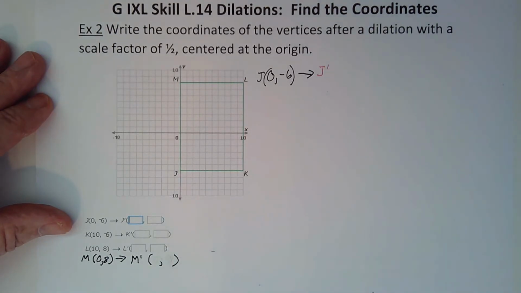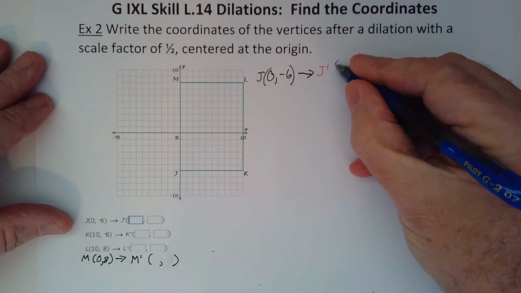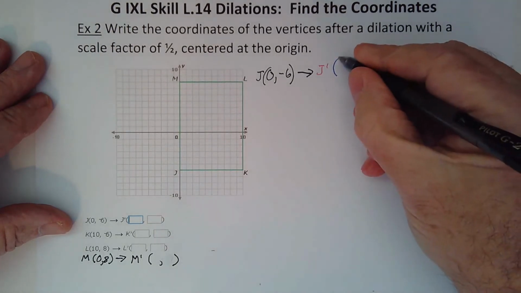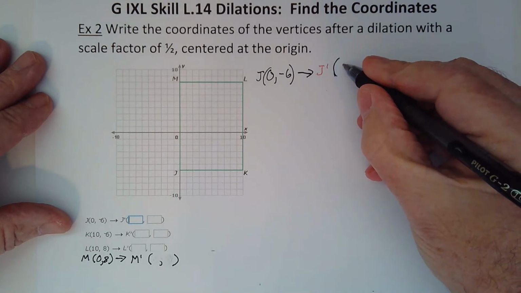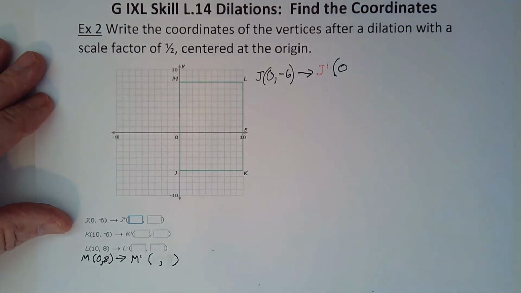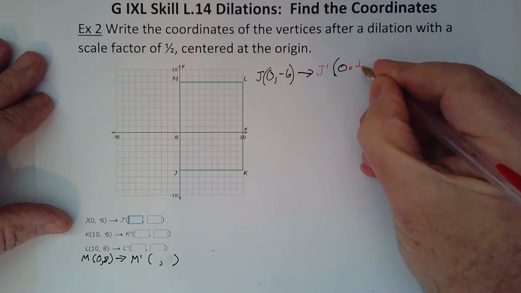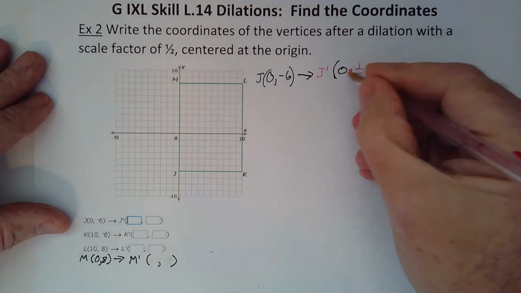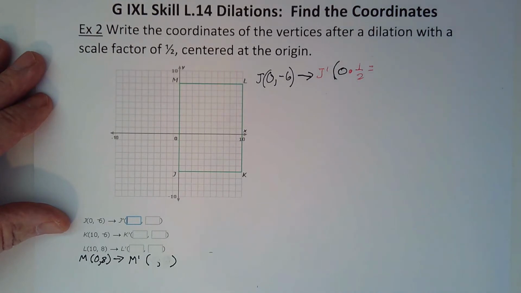And its coordinates are going to be, we're going to start out with, well, let's use black. We're going to start out with the original x, which was 0, and we're going to multiply that times 1/2. Okay? And so when I do that, 0 times 1/2 is 0. It's just 0. So I'm going to write that as 0.